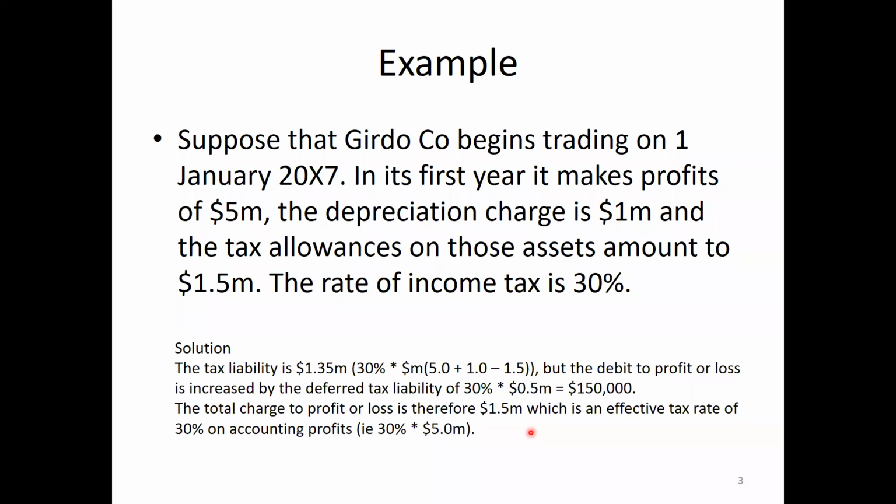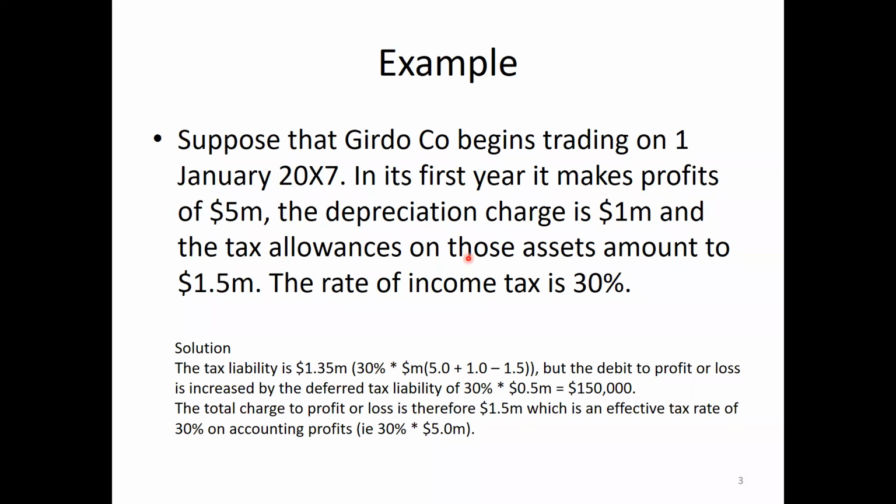See the example. Suppose that Jirdu Co. begins trading on 1st January 2017. In its first year, it makes a profit of 5 million. The depreciation charge is 1 million, that is accounting depreciation, and the tax allowance on those assets amounts to 1.5 million.